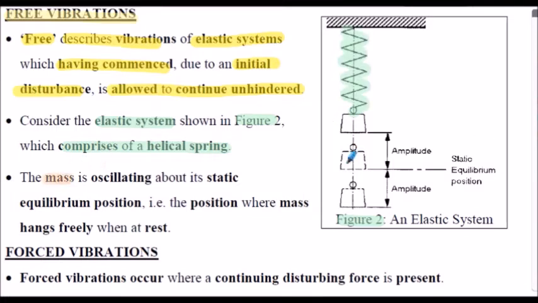The mass is oscillating about its static equilibrium position, the position where the mass hangs freely when at rest or stationary. So here's the static equilibrium position, and the mass is oscillating either side of this position.